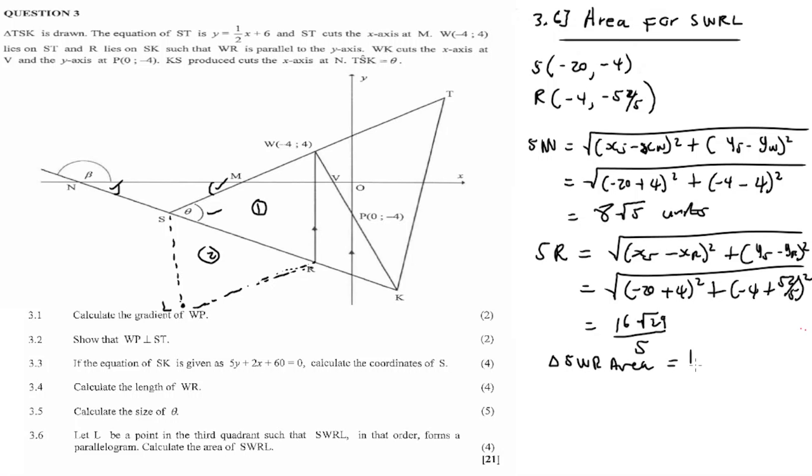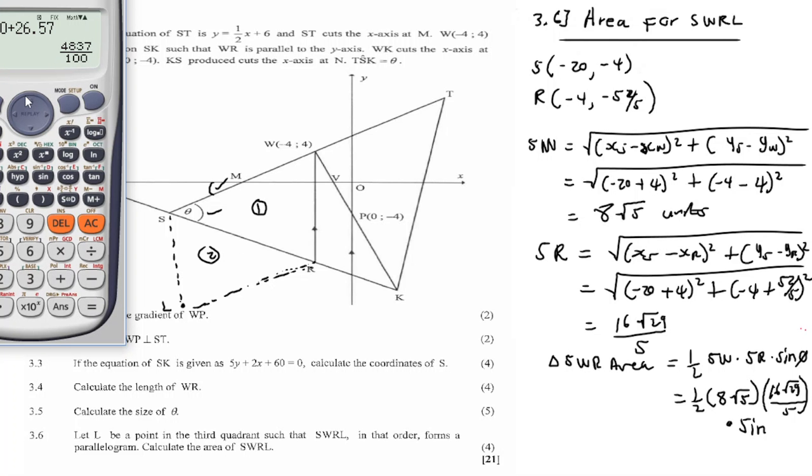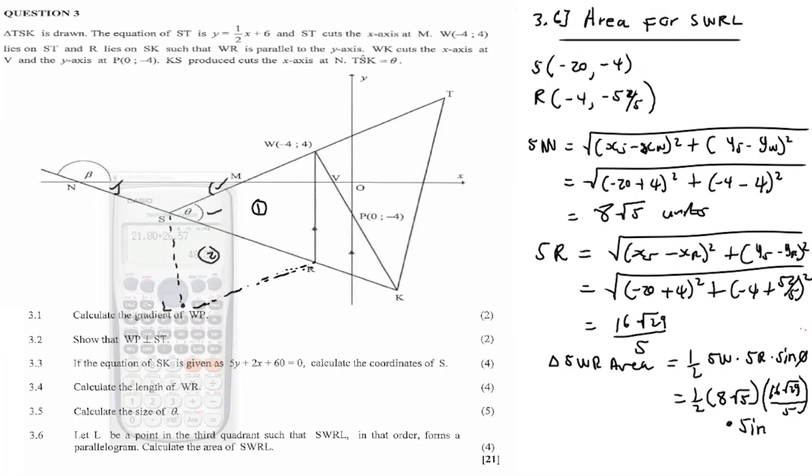Area is equal to 1/2 SW times SR times sine theta, which is 1/2 times SW, which is 8√5, times this 16 root 29 divided by 5, times sine theta. The angle theta we calculated and found that it is 48.37 degrees.